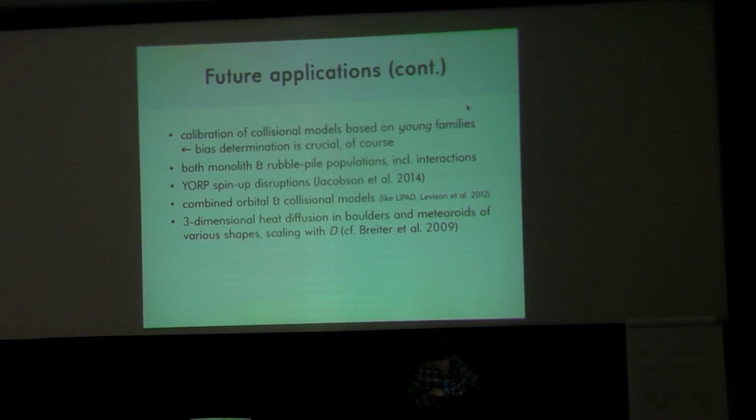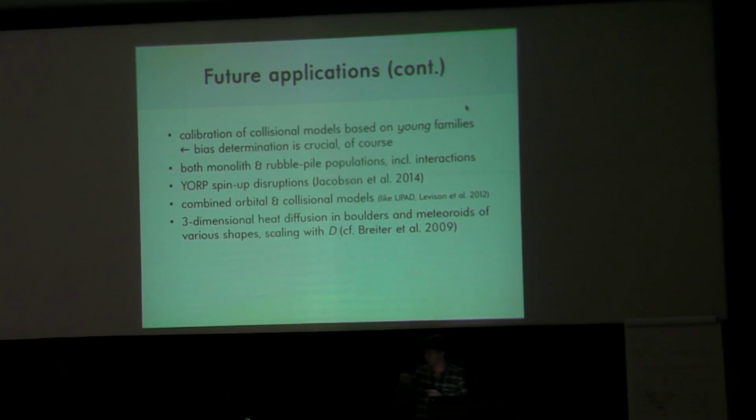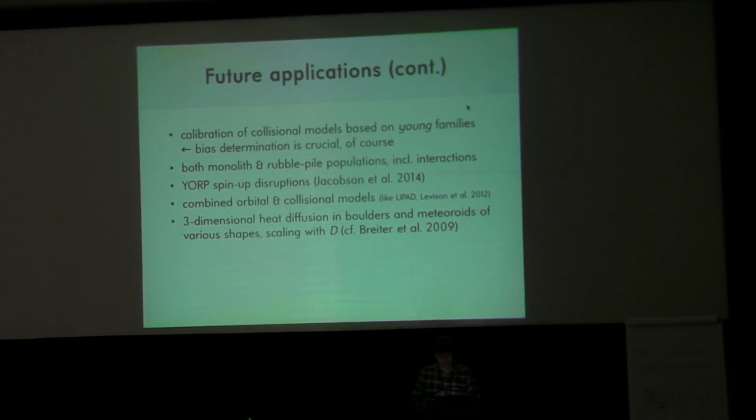Then it would be worth having a collisional model which accounts for both monoliths and rubble piles and accounts for their interactions, because fragments of both may serve as projectiles for the whole population. We shall include the YORP spin-up disruptions suggested by Jacobson et al. 2014, and decide what's more important, in fact, collisional disruptions or Yarkovsky removal or the YORP spin-up.